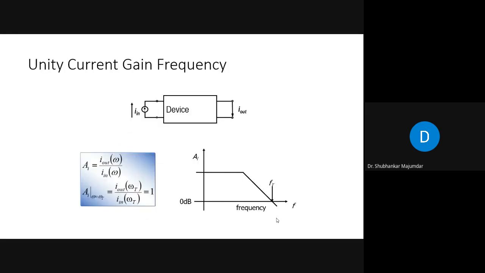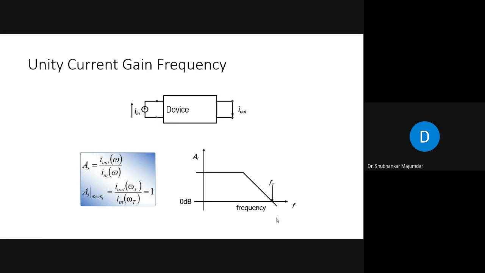So, unity current gain frequency: you all know that 0 dB means your gain is 1. When current gain is 1, then only it is 0 dB, because dB means 10 log power gain or 20 log gain.